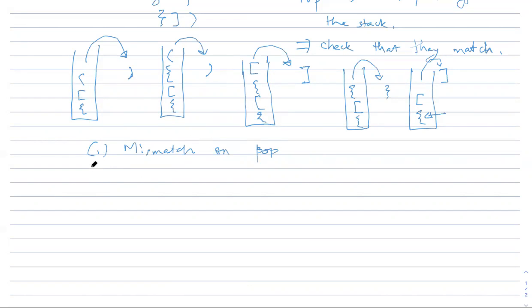And the second possibility is that you try to pop from an empty stack. That can happen if you have more right parentheses than left parentheses, because as soon as you hit a right parenthesis, you're trying to pop.